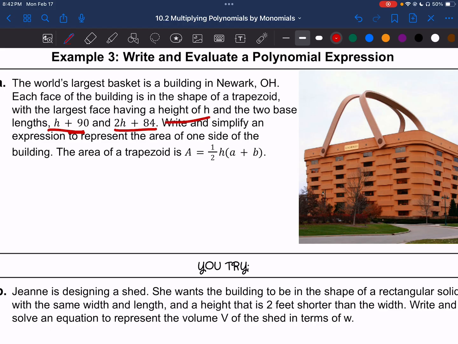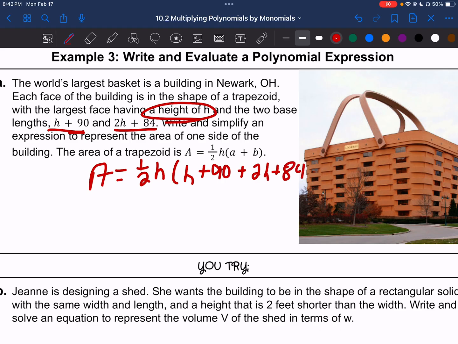Our height is just h, and we need to just substitute this all in. So area is equal to 1/2 times h times, and we've got h plus 90 plus B is 2h plus 84.